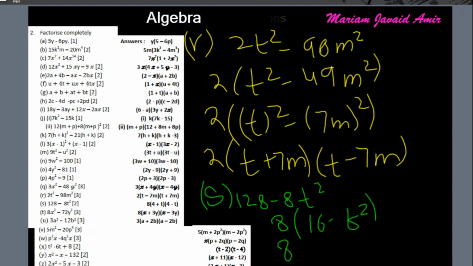Now this becomes 4 square minus t square, which gives us 8 times (a plus b)(a minus b). So 8(4 plus t)(4 minus t). Yes, part S is done.